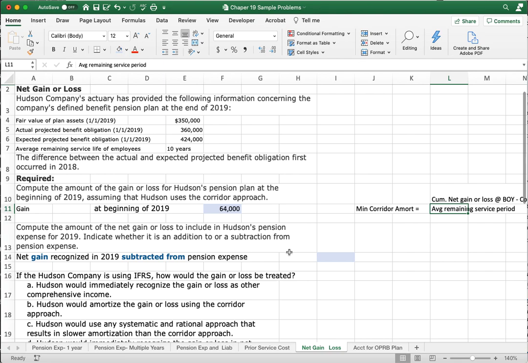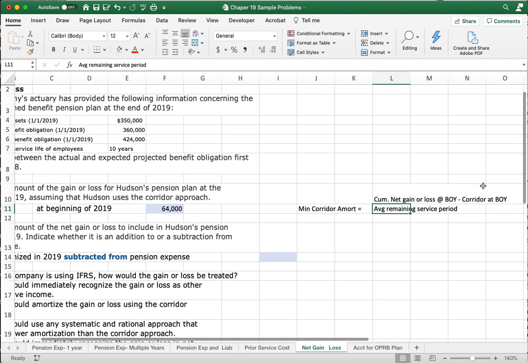I'm not going to type all that out. And so now we have this, but how do we define corridor?